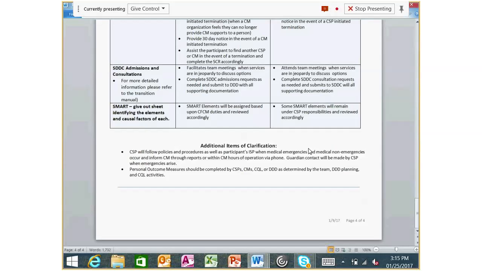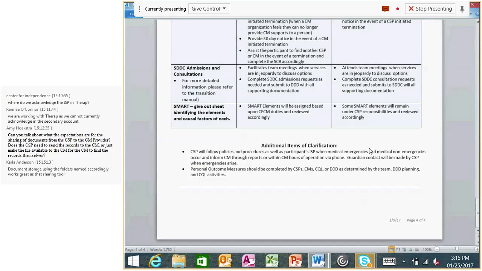I guess my answer very vaguely would be it depends on what that availability looks like. And Carla says document storage using the folders named accordingly works great as that sharing tool. And I would agree, the document storage in TheraP has been a lifesaver, I'm sure, within the division and I'm sure beyond.